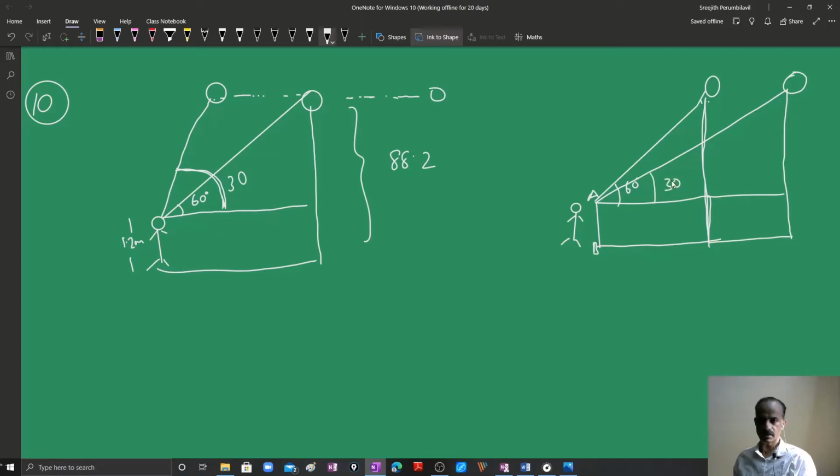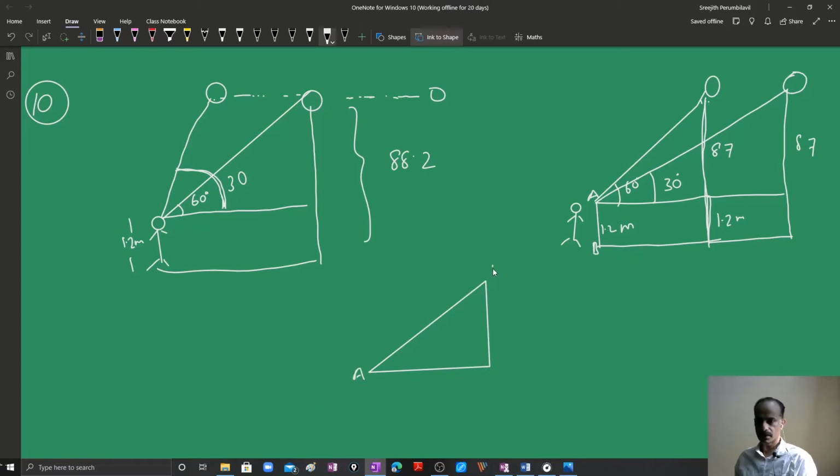So the total height is 88.2, here it is 1.2 meters, but the remaining is 87 meters. This is 87 meters, this is also 87 meters. Now what we need is the triangle figure like this to do the problem. Let A be the position of the eye of the girl.